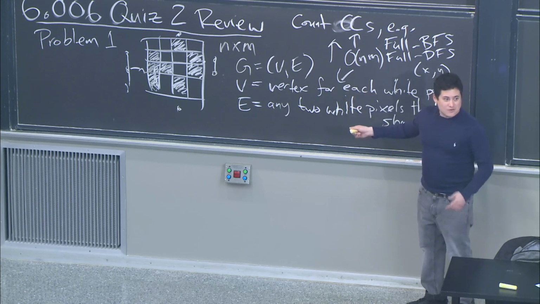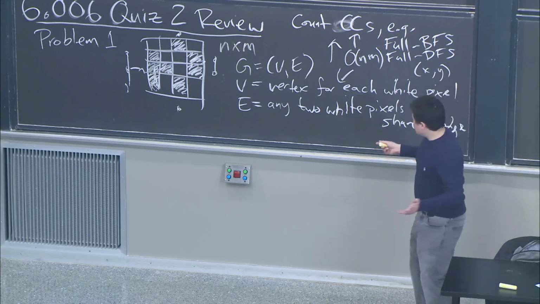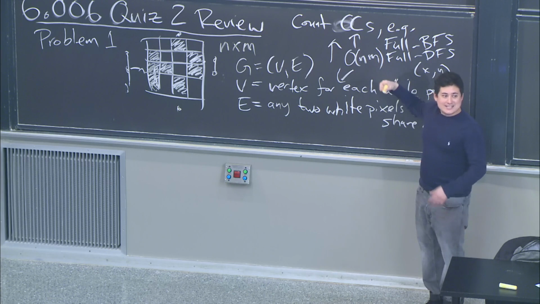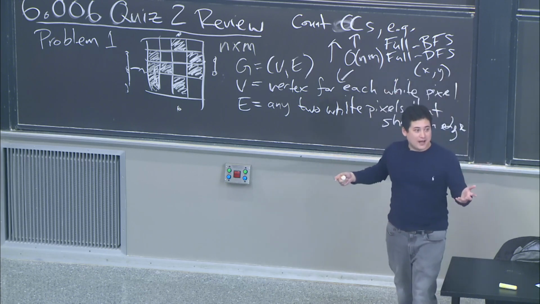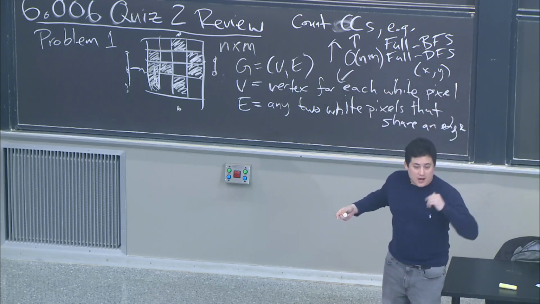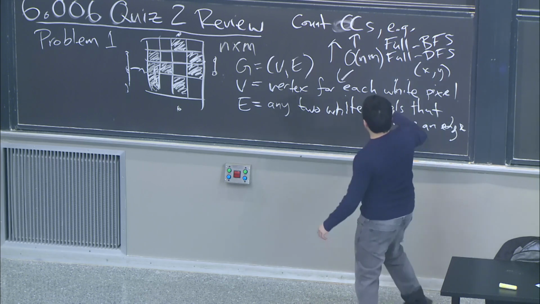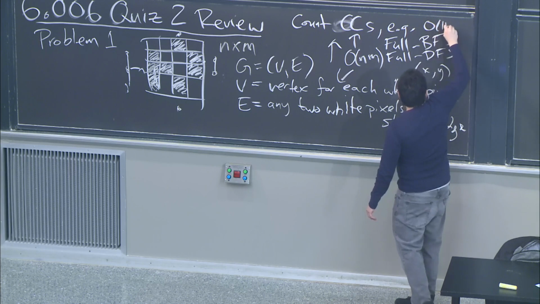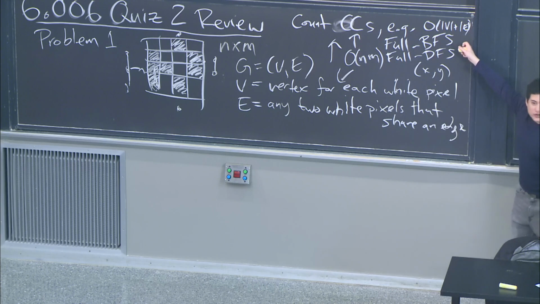State to me what the size of your graph is here. In this case, it's order n times m. And then I state what the running time is of the algorithm that I have applied to that, right? And so because full BFS runs in O of V plus E time, it's useful to actually write this down.